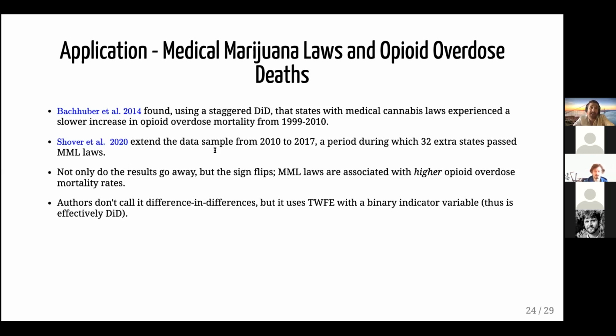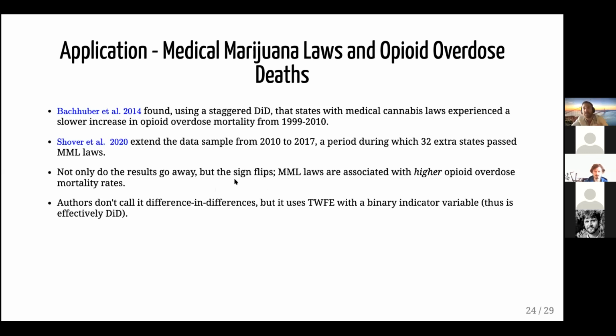Then a paper came out at the beginning of this year, and what they did was extend the data from 2010 to 2017. And in this period, an extra 32 states passed medical marijuana laws. Not only did the results go away, but the sign flips. So now medical marijuana laws are actually associated with higher opioid overdose deaths.